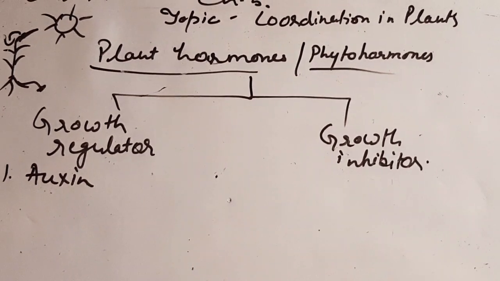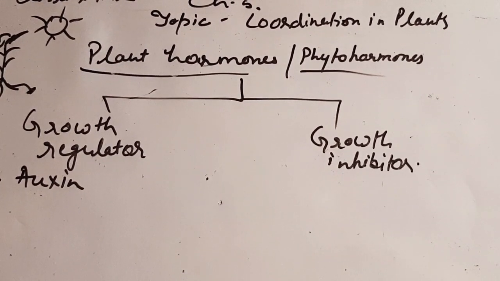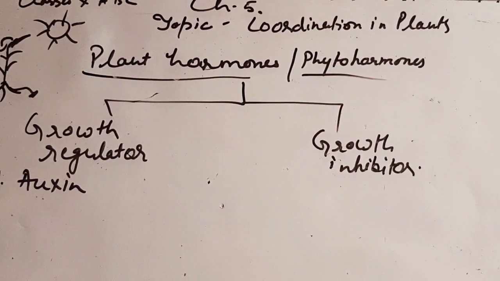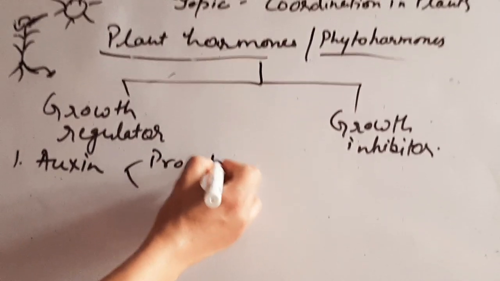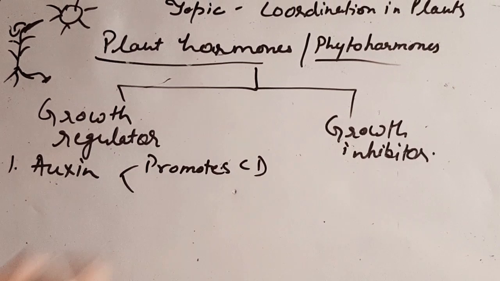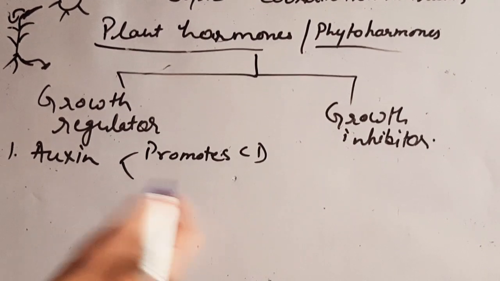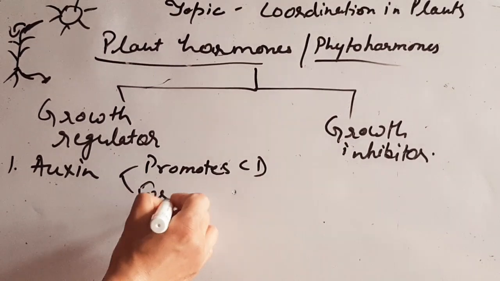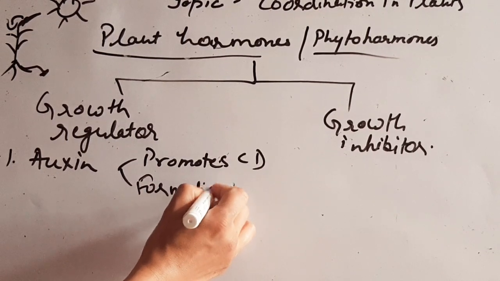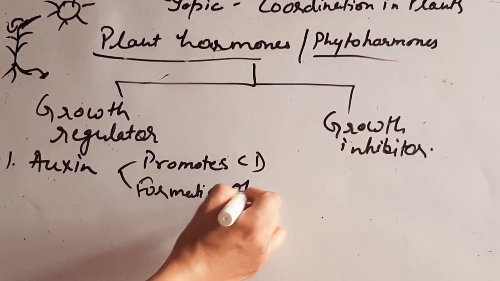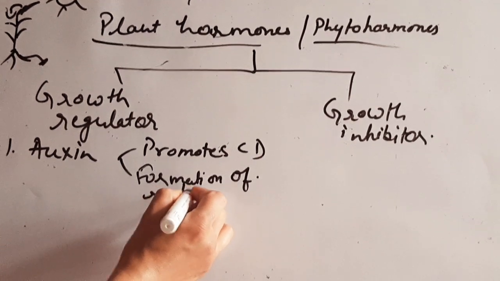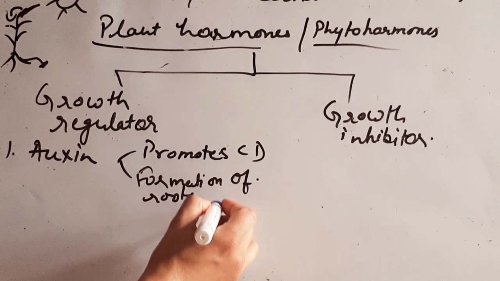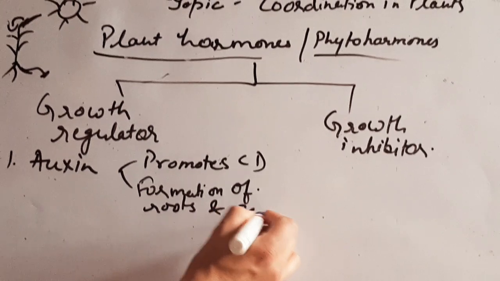Now, if we have to talk about the function of auxin, yes, it definitely promotes cell division and formation of roots and seedless fruit.